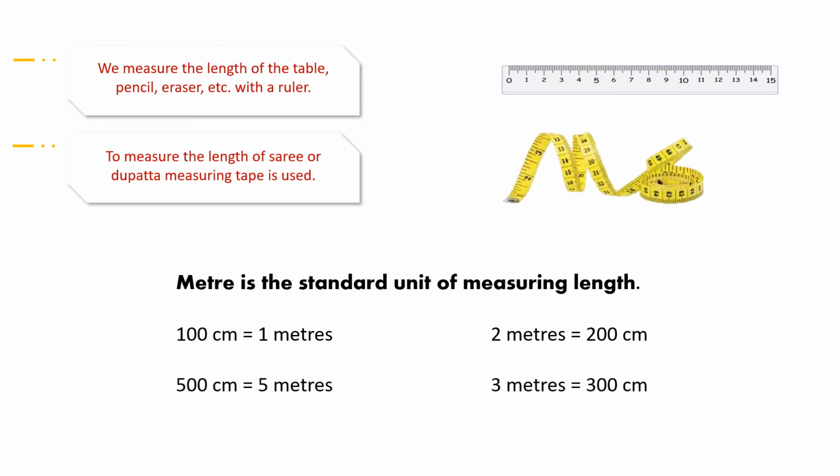In the same way, 500 centimeter is equal to 5 meters. 3 meters is equal to 300 centimeter. 700 centimeter is equal to 7 meters. 8 meters is equal to 800 centimeter.